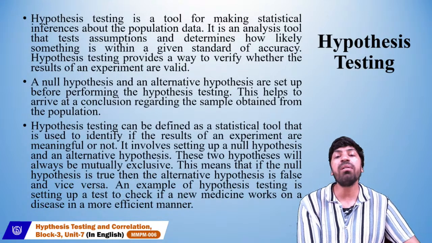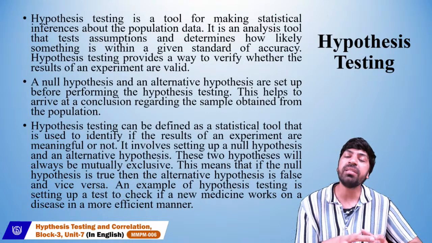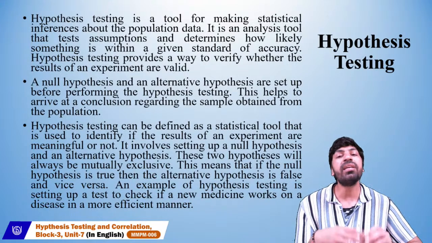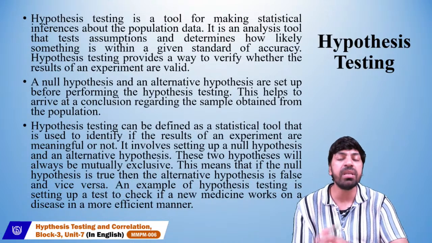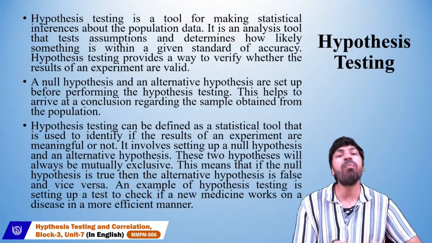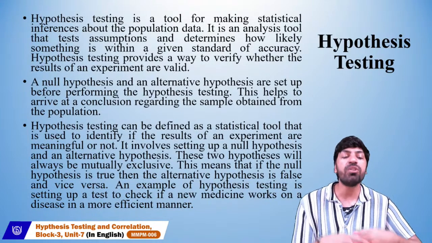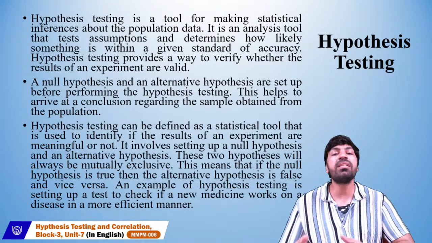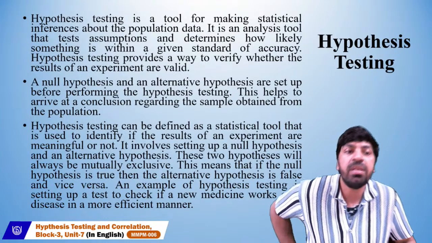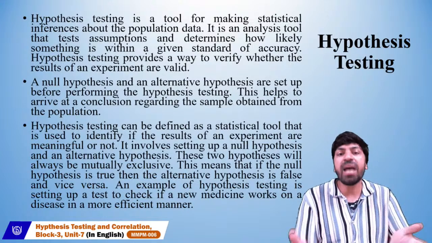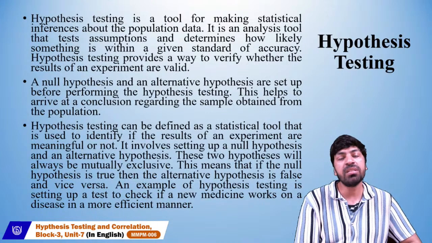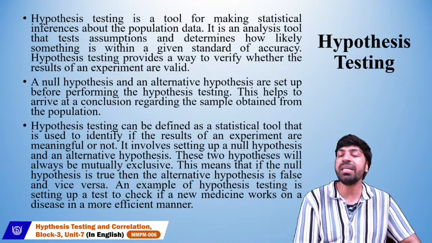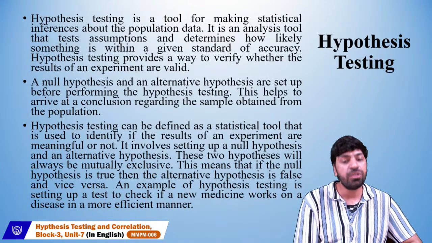So it always involves setting up a null hypothesis and an alternate hypothesis. The null hypothesis always states that there is no relationship between one or two variables. But the alternate hypothesis is the opposite of the null hypothesis, which states that there is a relationship between two or more variables. That is why these two hypotheses are mainly used when performing any hypothesis testing using statistical tools.